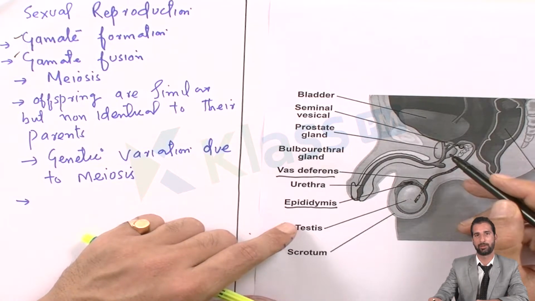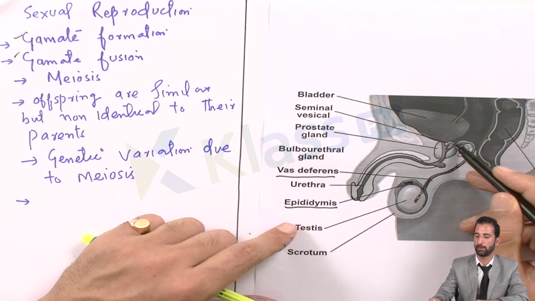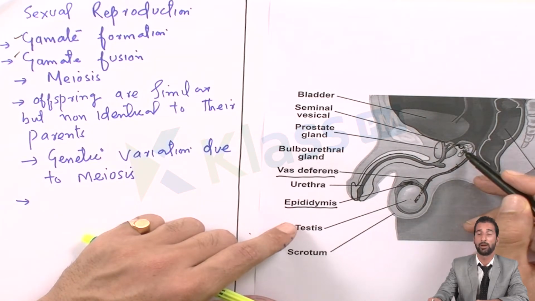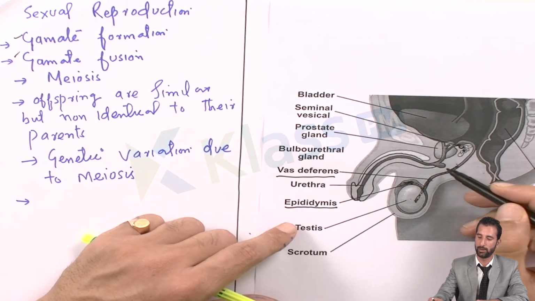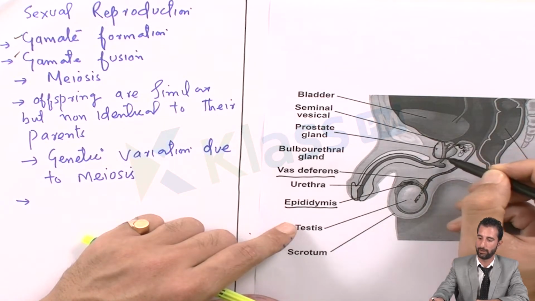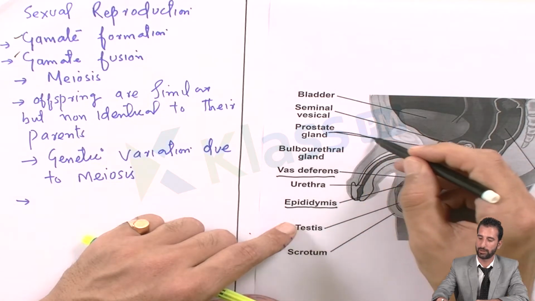Up to the seminal vesicle it was sperm that was moving, but now the seminal vesicle has provided 60 to 65% of the total fluid. Now the semen moves down and encounters a gland called the prostate gland.